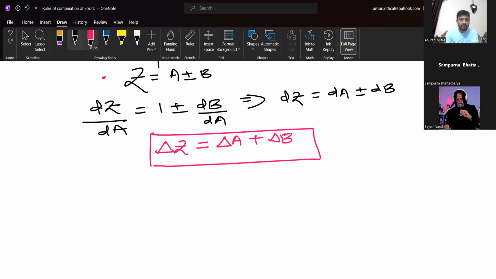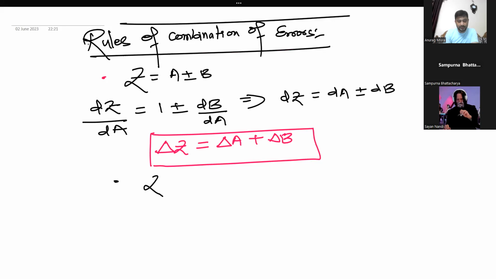Secondly, if I have a combination like Z equals A multiplied by B, then as per derivatives, if I find dZ by dA, this will be equal to B plus A multiplied by dB by dA, as per the rule of derivatives.